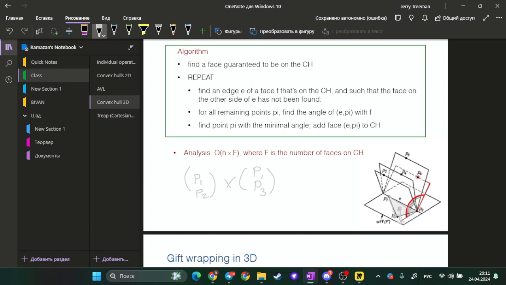Okay, so here is the base edge p1p2. We need to consider all of these faces, which look like this, and so on. So how do we orient our vectors? If we consider this vector p1p2 and multiply it by p1p6, let's check it.